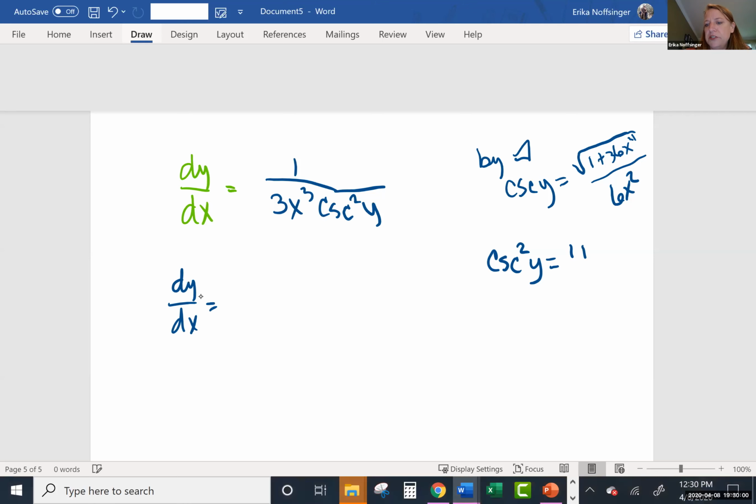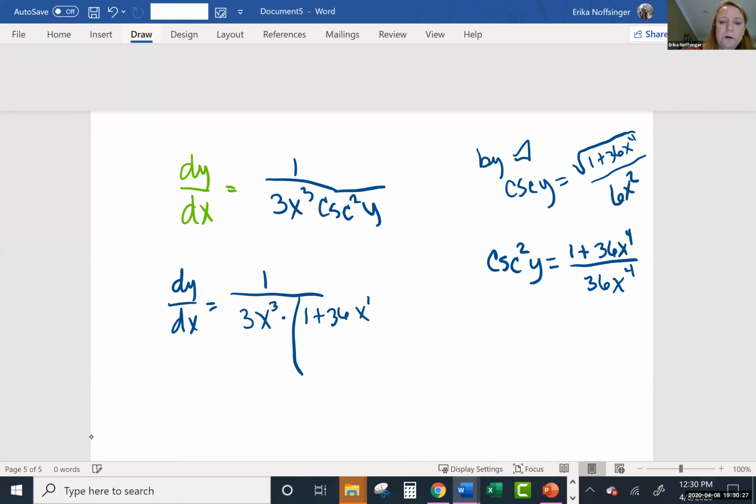So it gives me 1 plus 36x to the 4th. And if I square the denominator, that's going to give me 36x to the 4th. Unfortunately, I cannot cancel those because of this addition in the numerator. And so rewriting this, I get 1 all over 3x cubed, all times cosecant squared y, which we just found was 1 plus 36x to the 4th all over 36x to the 4th.